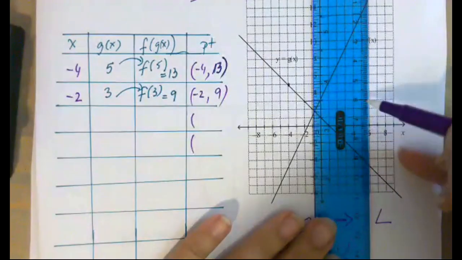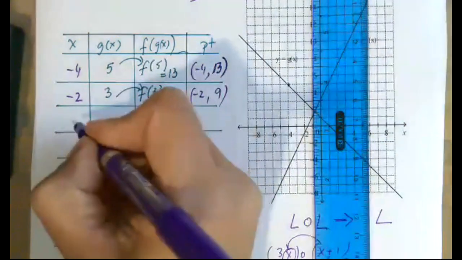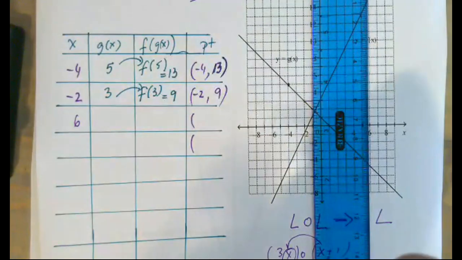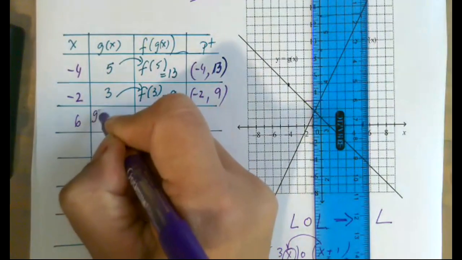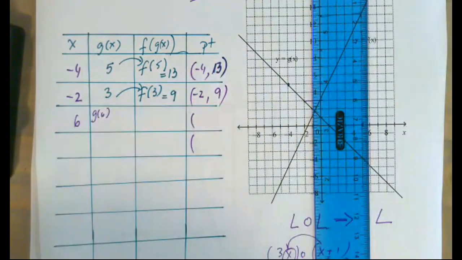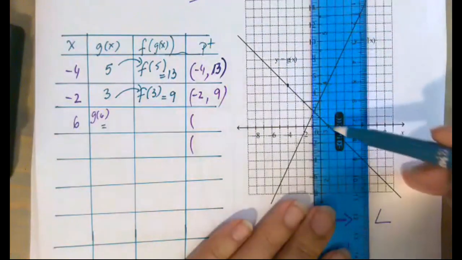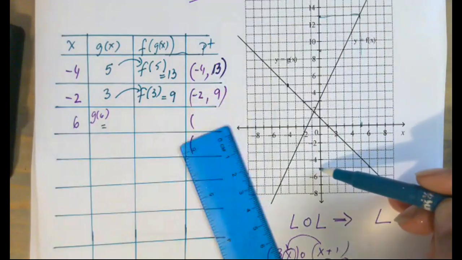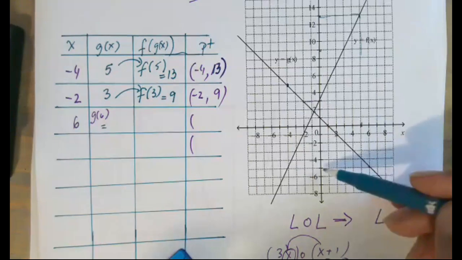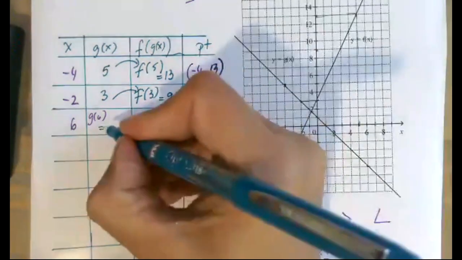6 for g of x. So you want g of 6. This is g, the function g. -5, right? -5.